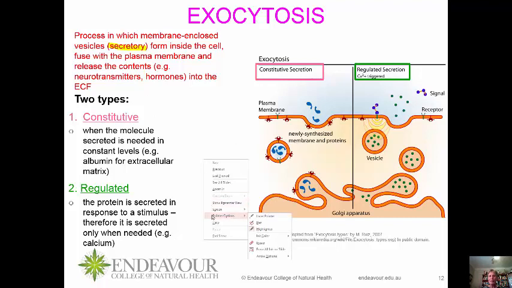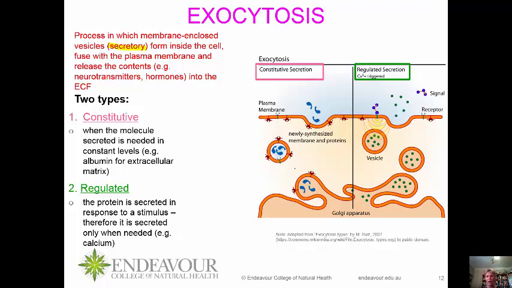So what happens, it's the process by which membrane enclosed vesicles form inside the cell. They fuse with the plasma membrane, and then they release the contents into the extracellular fluid. And this is the extracellular fluid here. Examples of some substances or particles are neurotransmitters and hormones, that need to be released out of the cell.